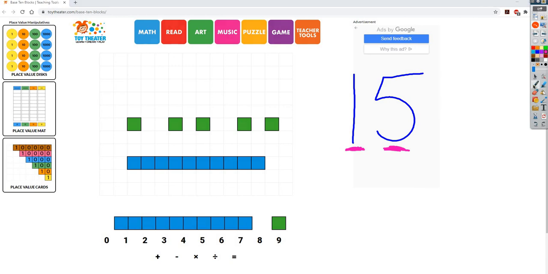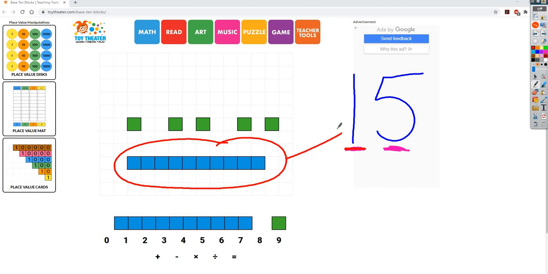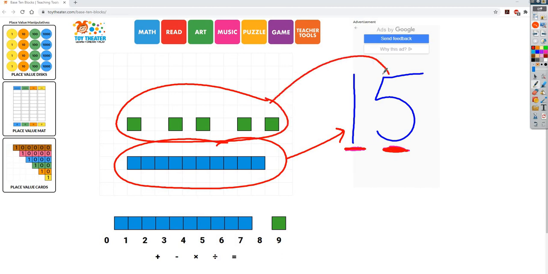And the number 15 means that I have 1 10. See my 1 10 right here? Yep, I have 1 10. And I have 5 of the little ones blocks. You see the 5 ones blocks? That's what the number 15 means. That's what the digits in 15 mean. They mean you have 5 ones and 1 10.